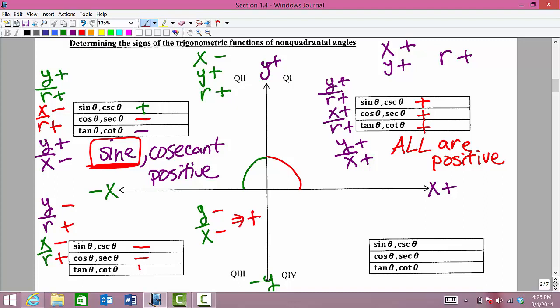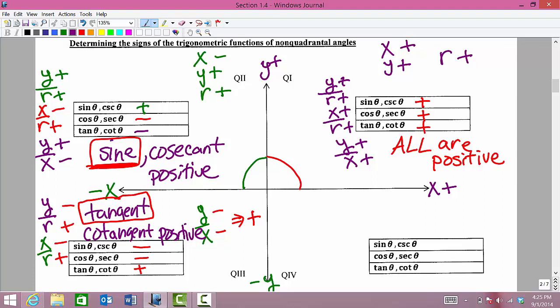So tangent and cotangent will both be positive in quadrant 3. If we remember that tangent is positive in quadrant 3, then its reciprocal, cotangent, will also be positive.